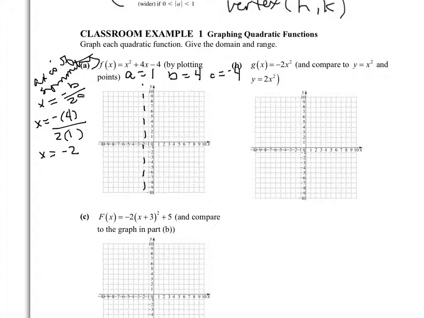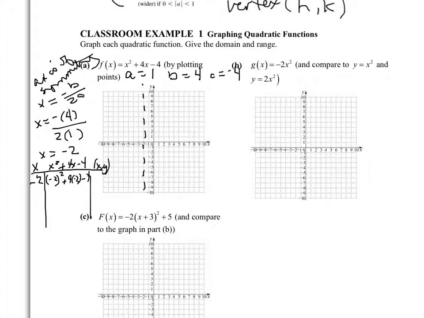In order to find it, I need to plug this x value into the equation, and then I'll know the y value of the vertex. So my equation is x squared plus 4x minus 4. When I plug in, I'm going to have -2 in parentheses squared plus 4 times -2 minus 4, and that will give me my ordered pair.